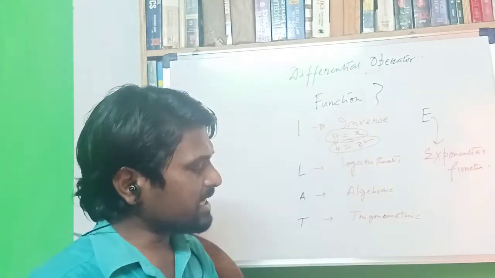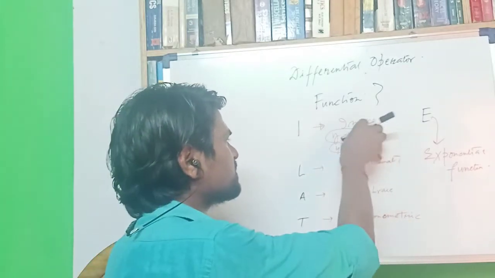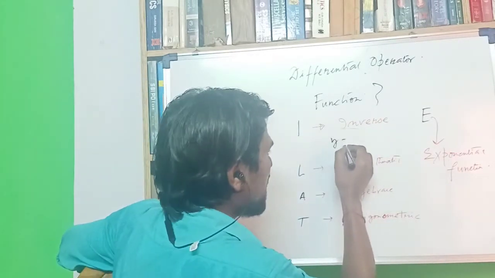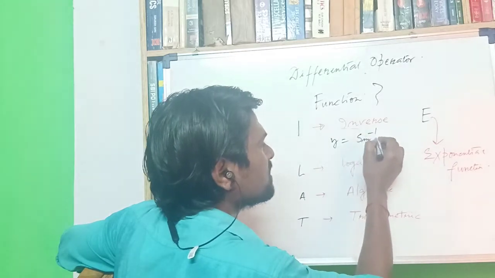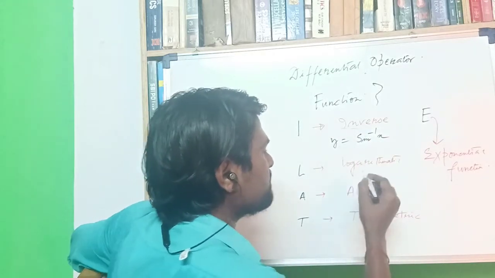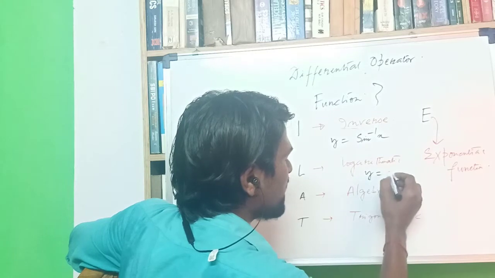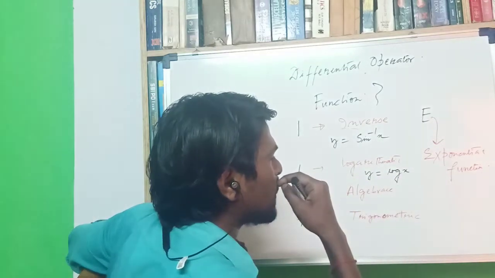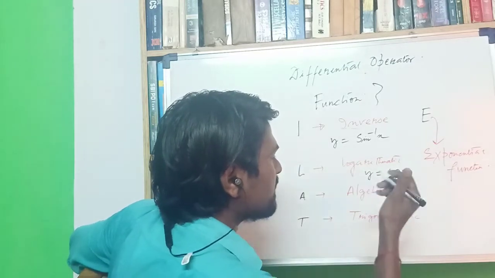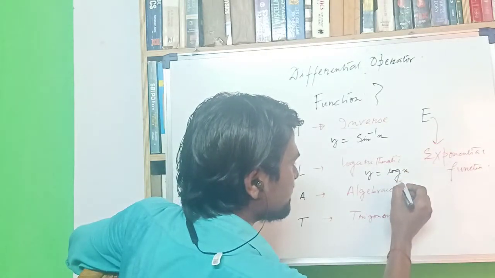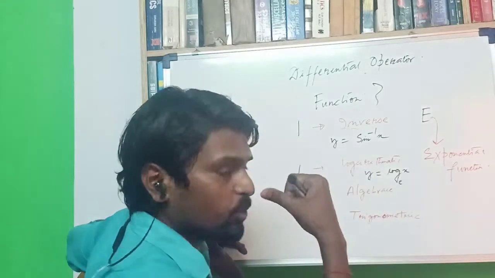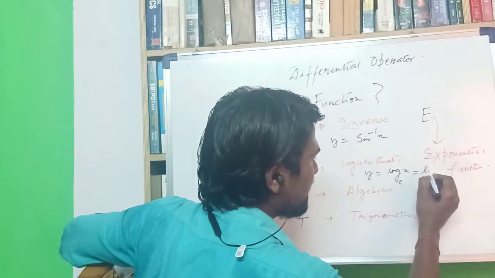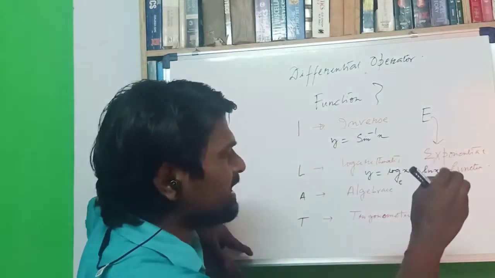So there are different functions. The inverse function looks like y equal to sine inverse x. And if this is logarithmic, then y equal to log x, and you have to write here suffix e, which means natural logarithm, and it is also written as ln x, simply ln x.